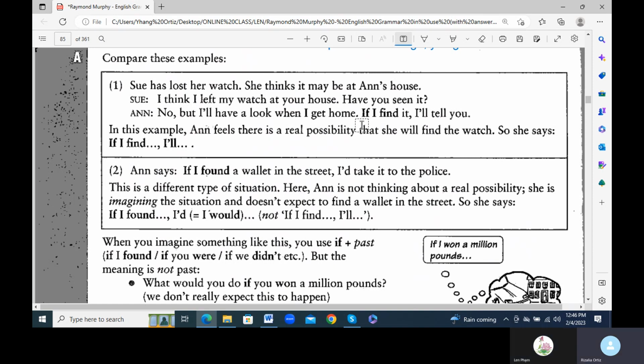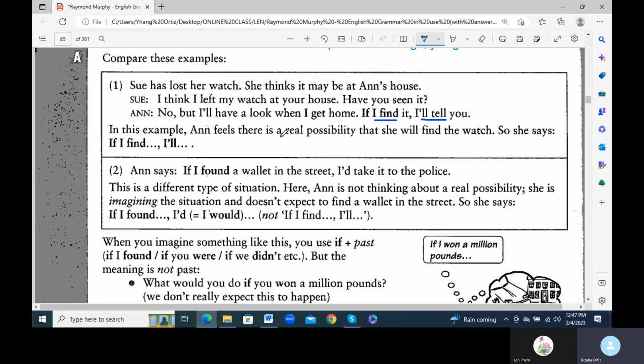Okay. In this, Len, can you say "if"? If I find it, I will tell you. This is the first conditional, because "I will tell you" is a future. This means Anne wants to say that if there is a possibility that I find the watch, then the next thing I will do is to tell you.